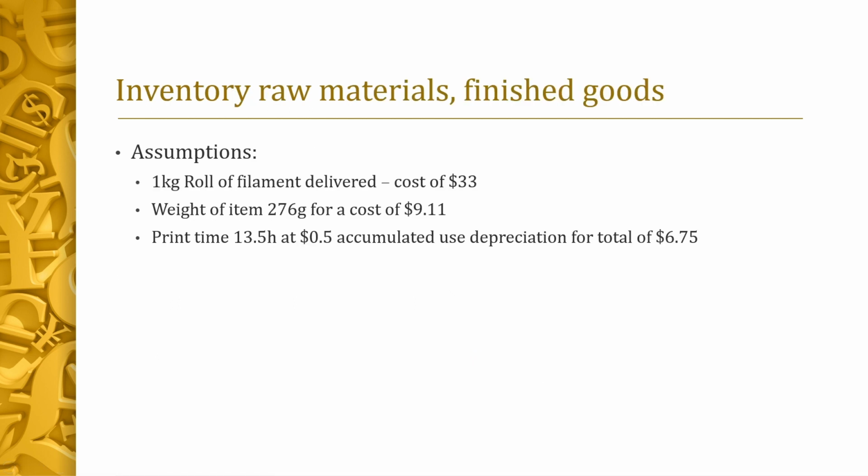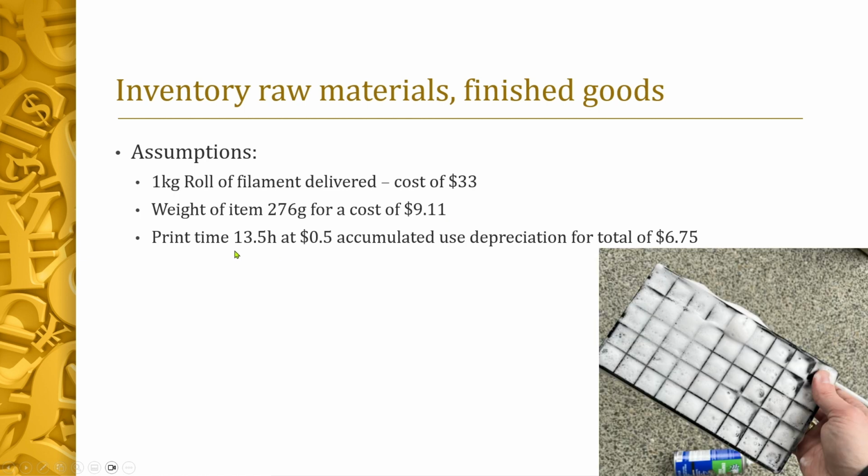So let's start with the assumptions first before we transfer the inventory and create a journal. Typically a good roll of filament costs about $33. The weight of the item is going to be 200 something grams for the total cost of $9.11 for that item that we're going to manufacture. That item is quite a complex one.